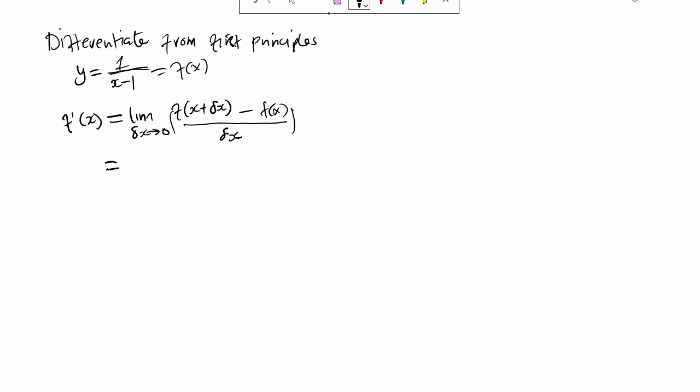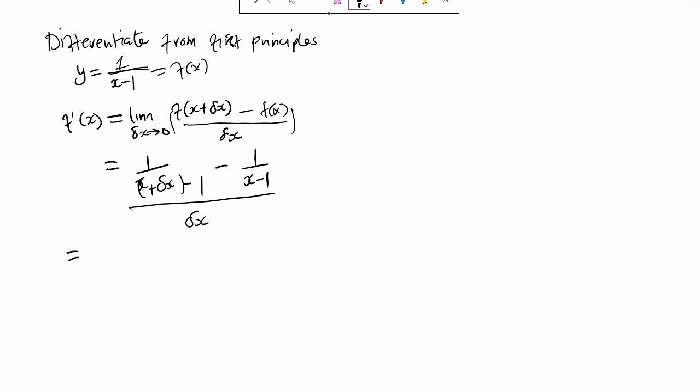So we have 1 over x minus 1, so this becomes 1 over, where there is x, you put the value x plus change in x, and subtract 1, minus 1 over x minus 1, and everything divided by change in x.